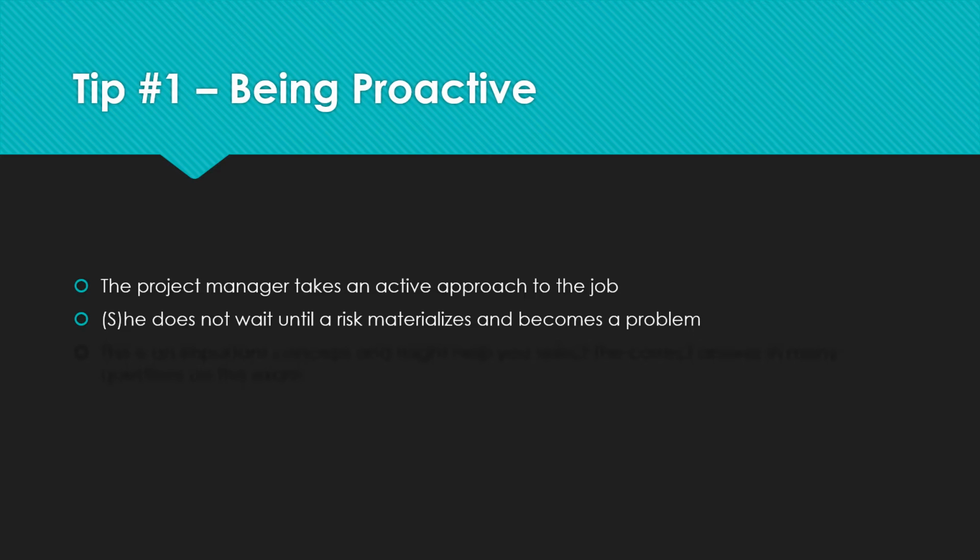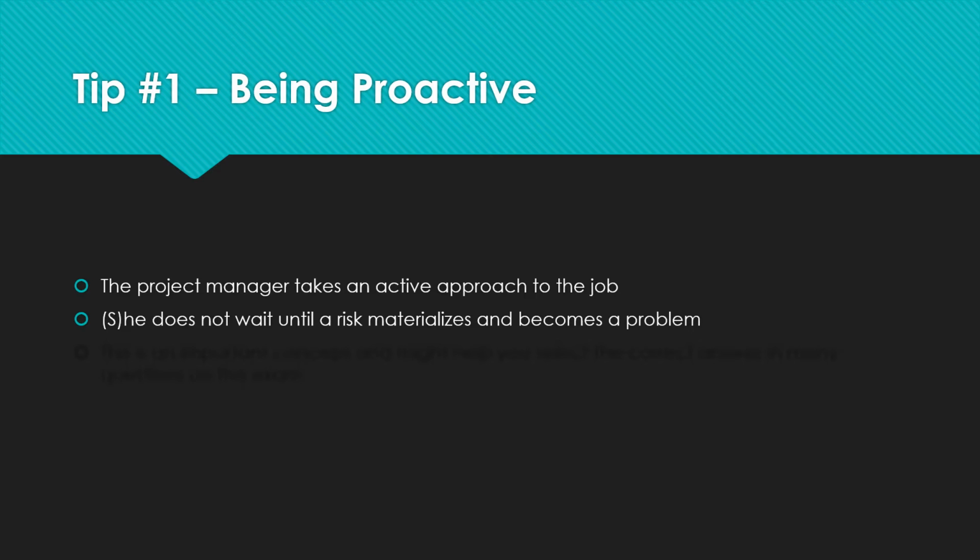The project manager is basically going to make sure that if he or she sees a risk, either it does not materialize, or if it materializes, he or she already has a plan to mitigate it, right? Or he or she already has a plan on how to solve these problems, how to mitigate these risks.